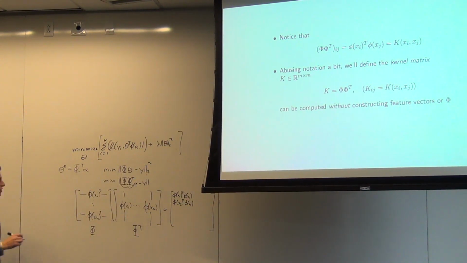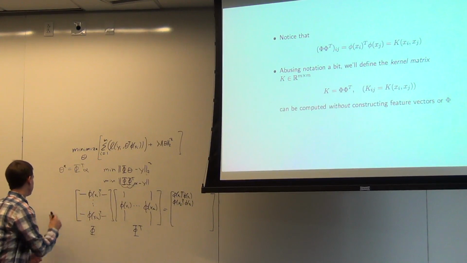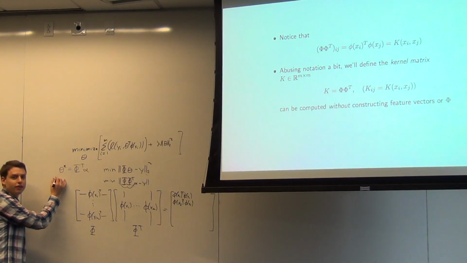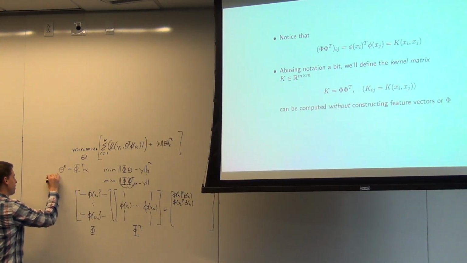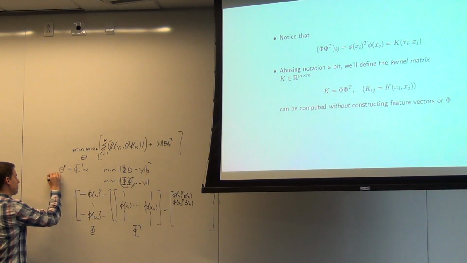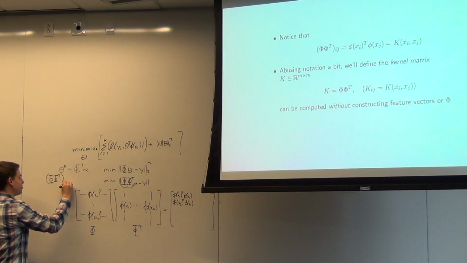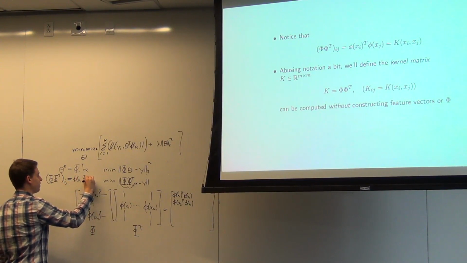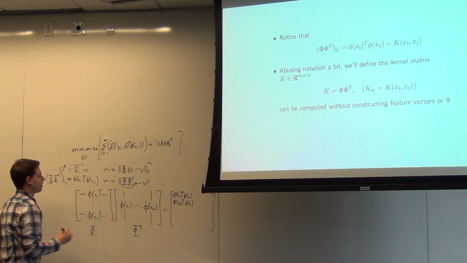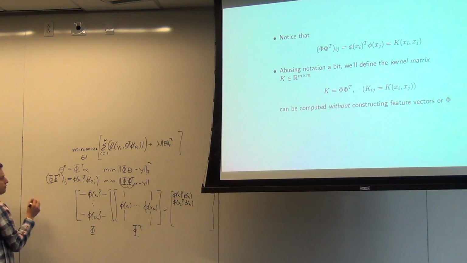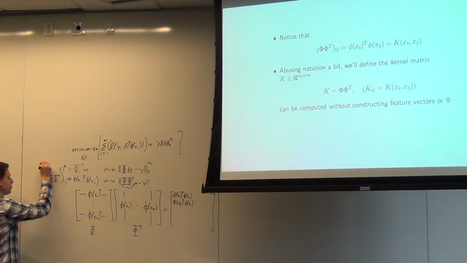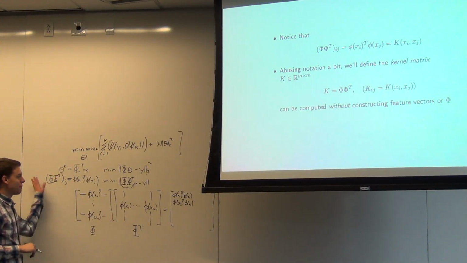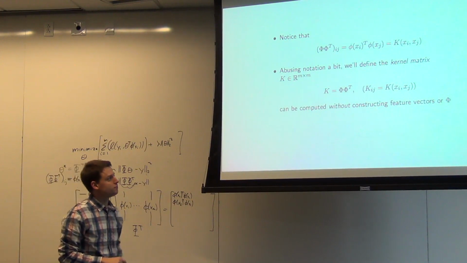In general, the ij entry of phi transpose is just equal to phi xi transpose phi xj. These are our important facts, but I might erase that, it's on the board.